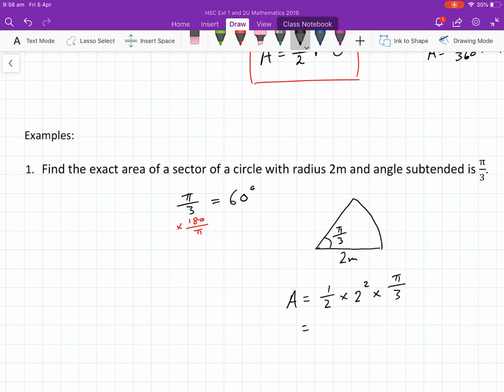So half times 4 is 2, so it's going to become 2 pi on 3 units squared. That's the exact answer. Approximately it's about 2.05 units squared, but for the purpose of this we just want the exact answer, 2 pi on 3. That's just a direct application of the formula.